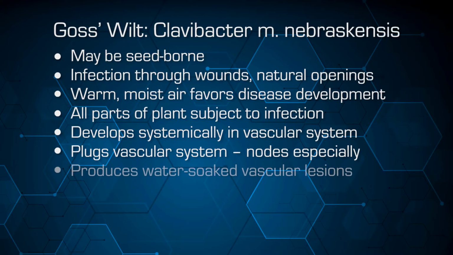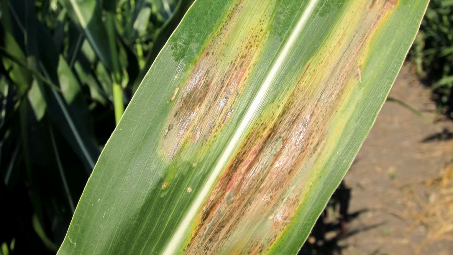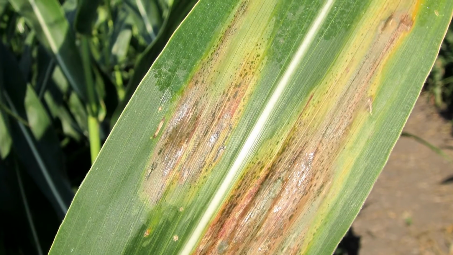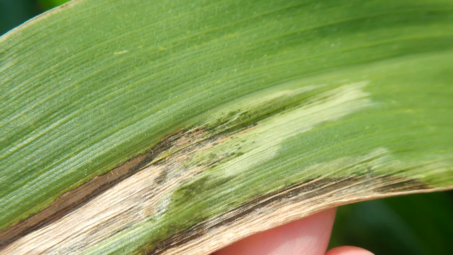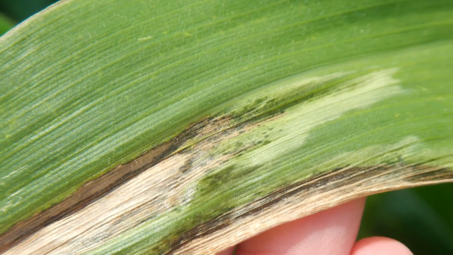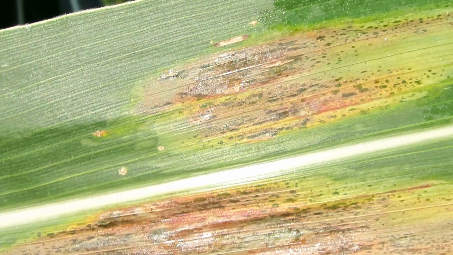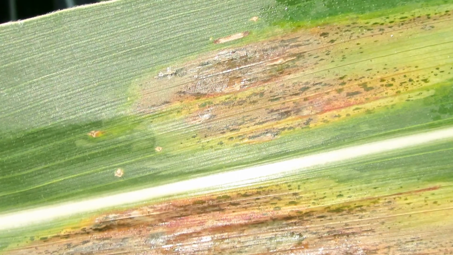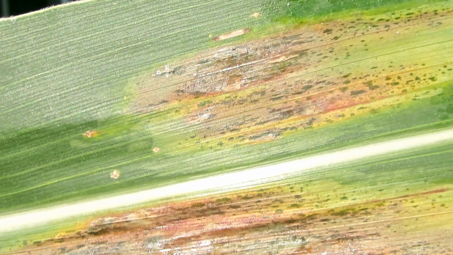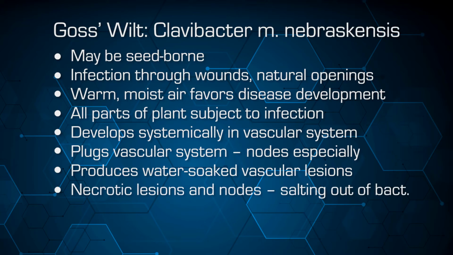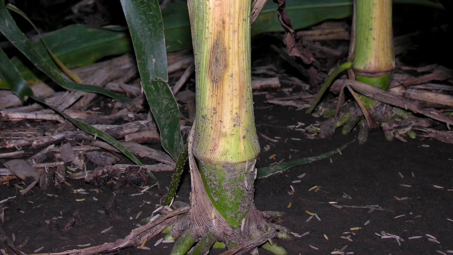On the leaves, the lesions will follow the vascular architecture of the host plant, so you get long streaks of water-soaked lesions that will develop. They'll start from just a small spot, and then spread from those through the vascular system of the plant. You'll also see what we call a salting out of the bacteria.